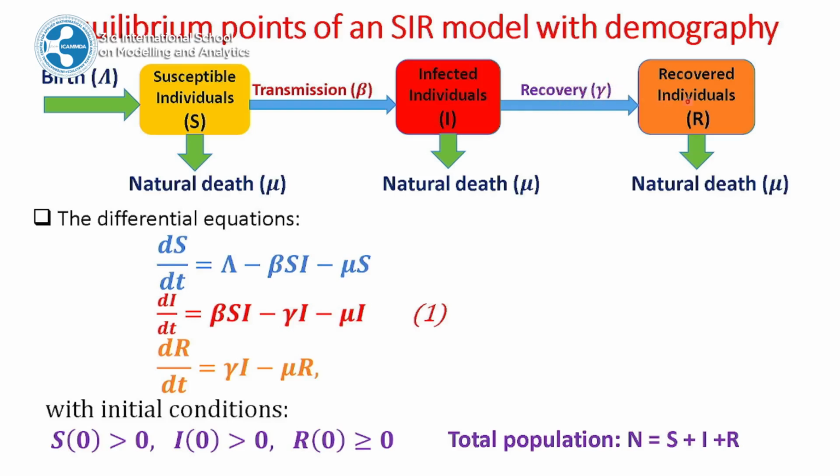And people die at any point, regardless of the compartment an individual belongs to; such a person can die naturally. Looking at that flow chart, we have the governing system of differential equations as given in equation 1, and I believe this is clear to all of us.